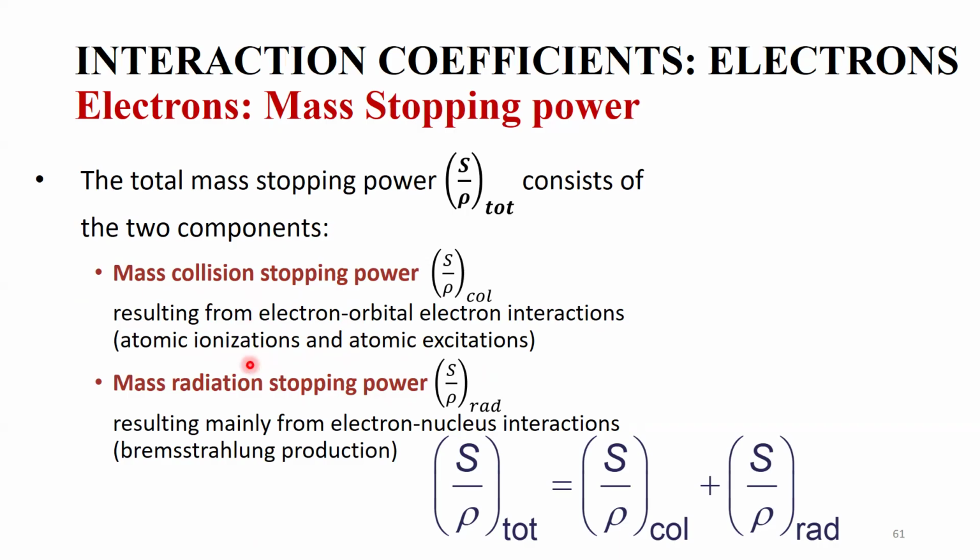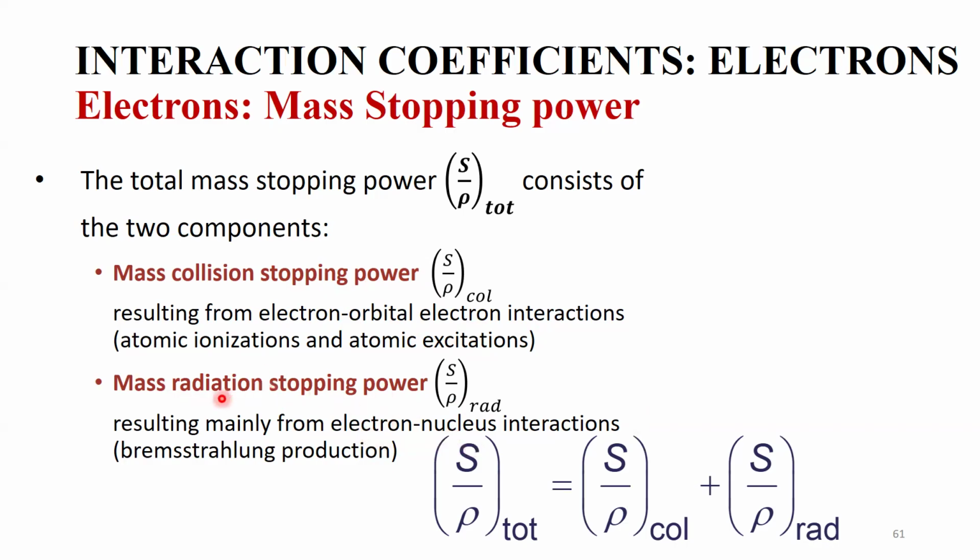As for the second component, the mass radiation stopping power, S over rho radiation, this component arises from electron nucleus interaction. So if here we talked about interaction between the electron and the orbital electron, here we are talking about interaction between the electron and the nucleus of the atom.